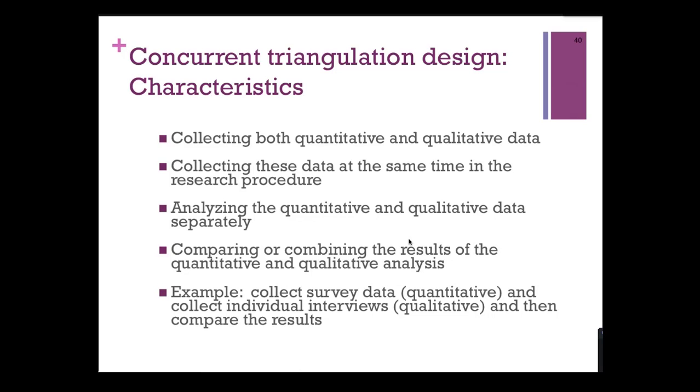The key is that I have not analyzed the data yet, but I only looked at the projection of the data. I've scanned all my questionnaires and it gives me a projection, and I go for unpacking of the qualitative data. The purpose is not to explain, but only to triangulate: does this really mean it or not?